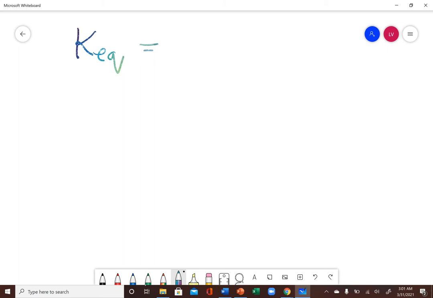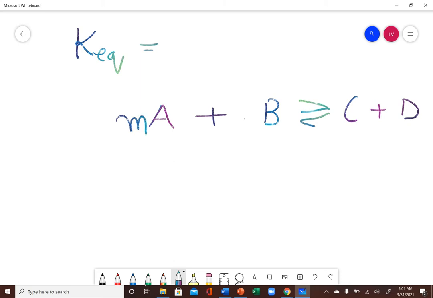For a reaction of the type A plus B gives you C plus D, I have the balanced equation, say mA + nB ⇌ oC + pD. These m, n, o, p are my coefficients in my balanced equation.